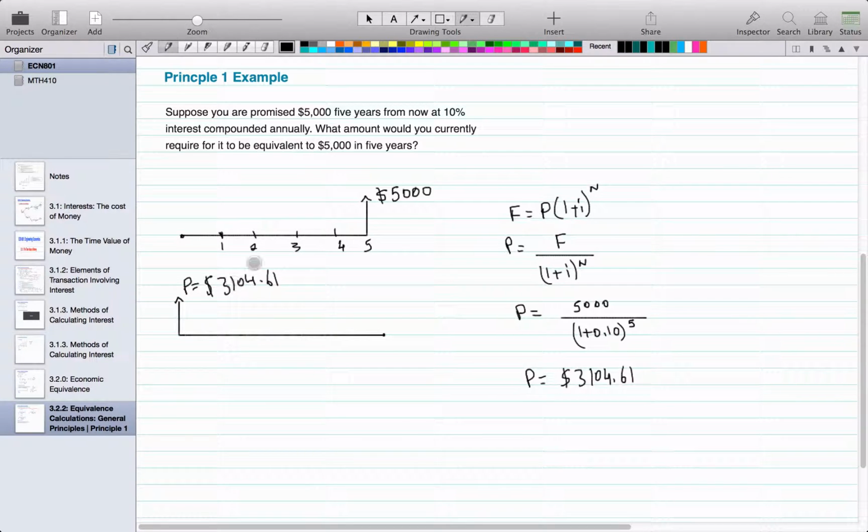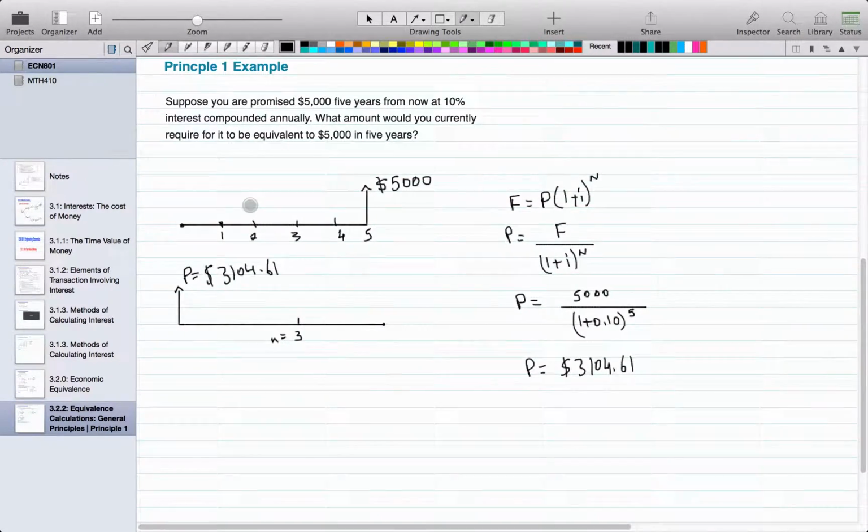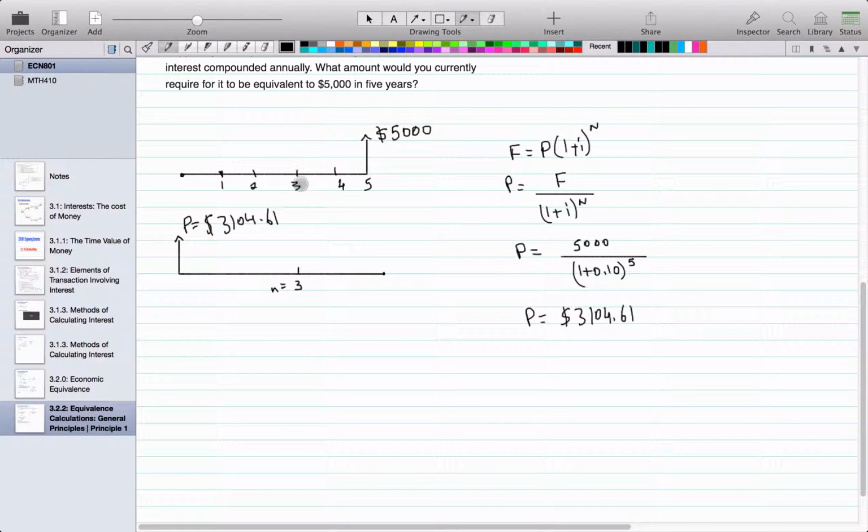Now, the next question is, what is the amount or the future worth at period number 3? When n equals 3, what does this present value turn into 3 years from now? And what does this $5,000 future worth turn into in the third period? We are going to check whether it's equivalent, because we want to know if this concept of economic equivalence works, because it's the same cash flow, right? So they should be equal to each other.